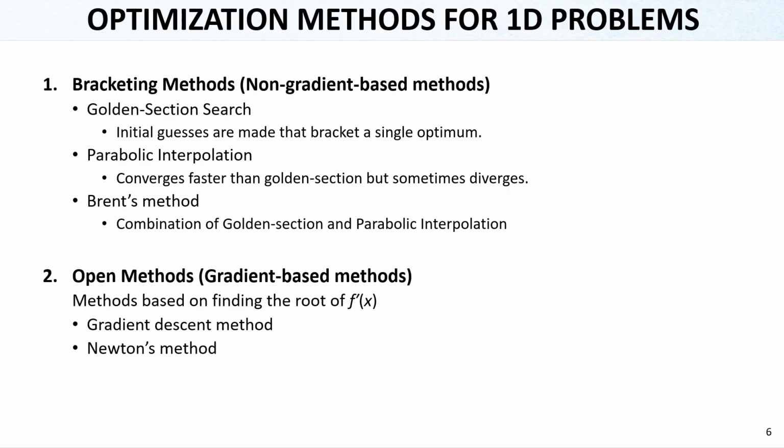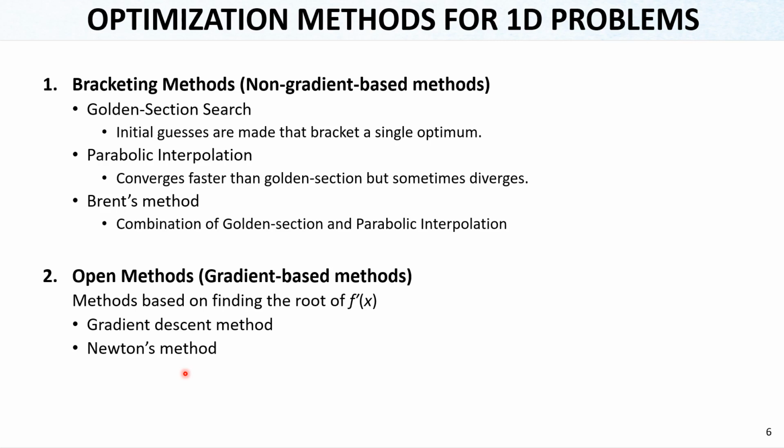In this class, first we will start with the optimization methods for one-dimensional optimization problems. And these are actually similar to the root finding methods. That's why their names are similar as well, bracketing methods and open methods, as you can see here. And you know, the optimization methods are actually very related to the derivative of the function, because if the derivative of the function is 0, then we can find the optimum point.